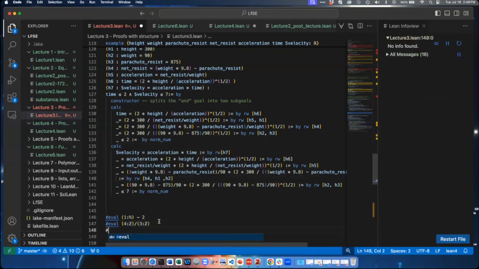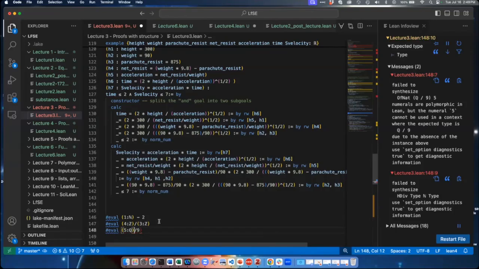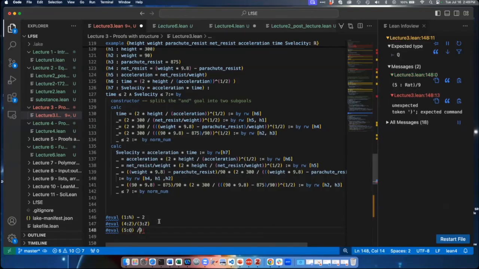We can move on, we can do the rationals. Another example would be 5/9. Let's make 5 a q divided by 9, with some spaces to make it a little cleaner. Okay, so 5q divided by 9.